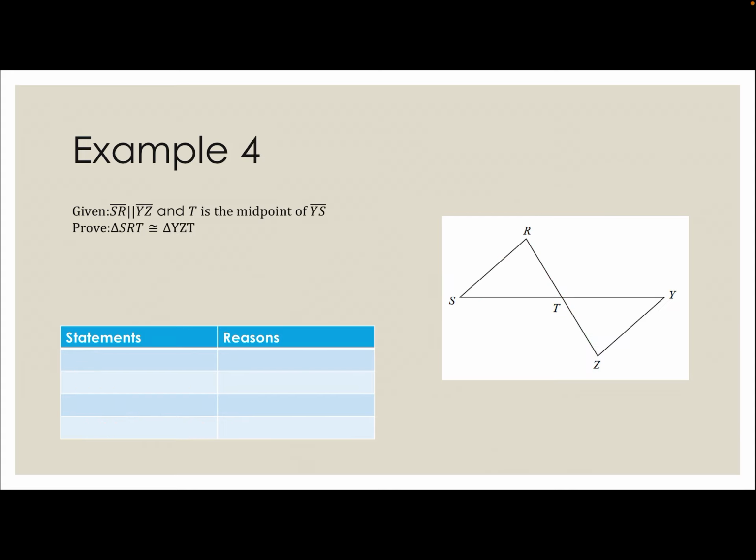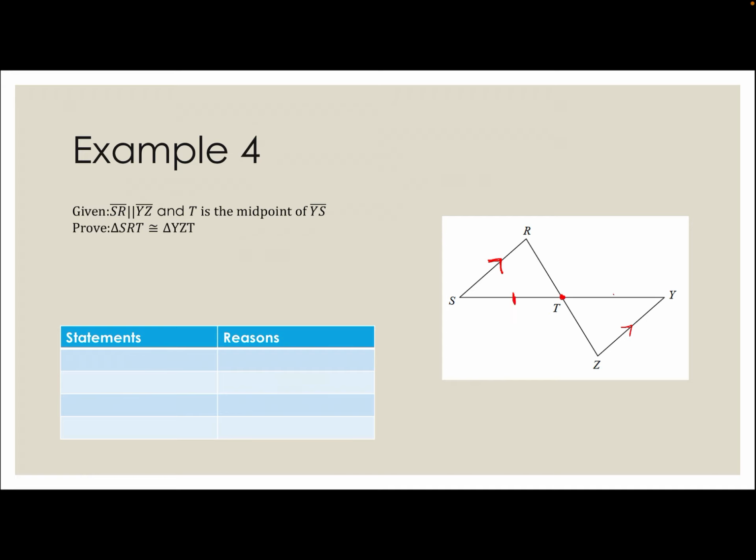Okay. And the last example, we have SR is parallel to YZ, and T is the midpoint of YS. So let's see, SR is parallel to YZ, and T is the midpoint of YS. So let's use that first.